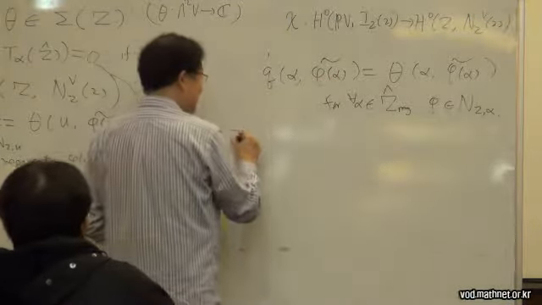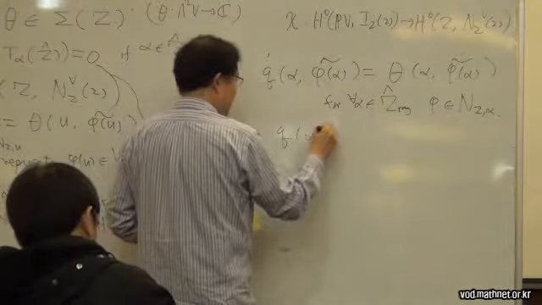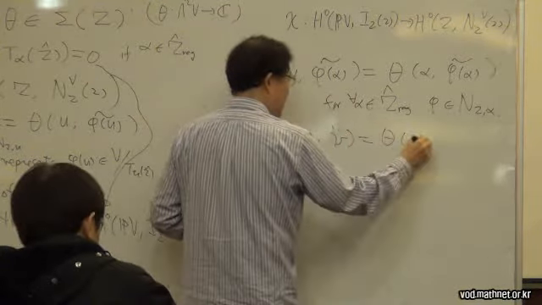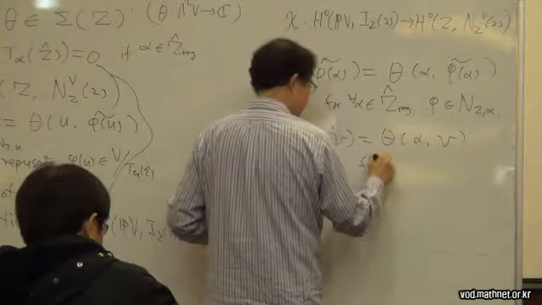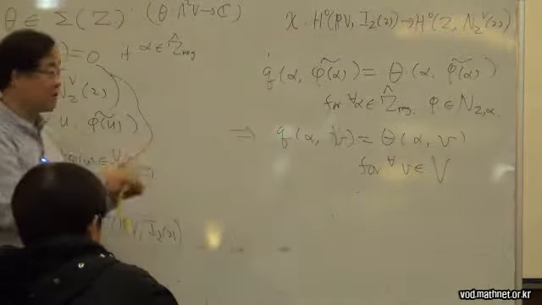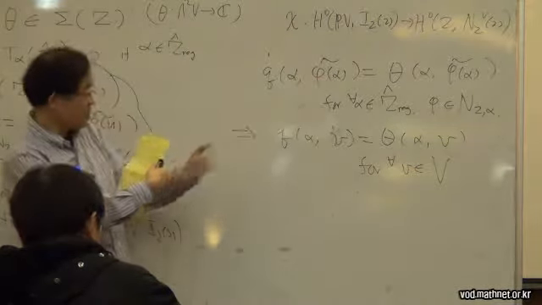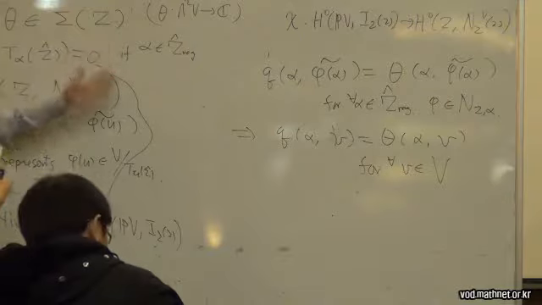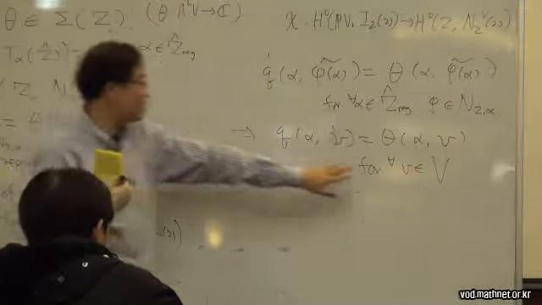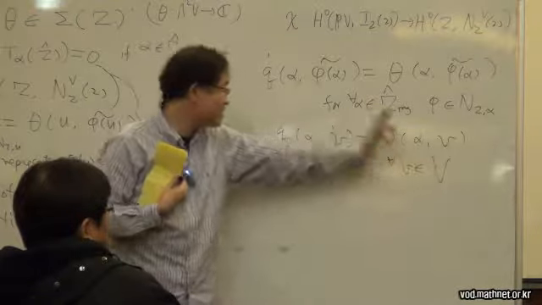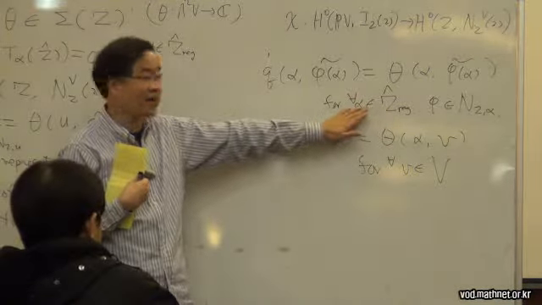So this implies that Q(alpha, v) is theta(alpha, v) for all v in V, because Z is linearly non-degenerate, so any vector can represent a normal vector of the variety.